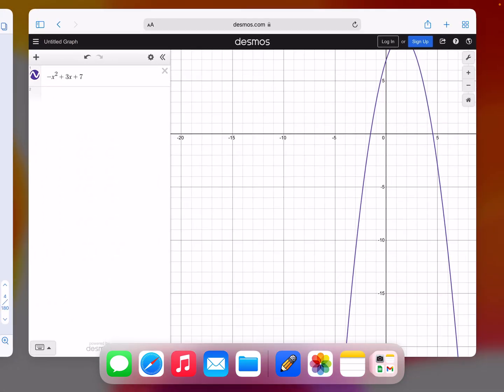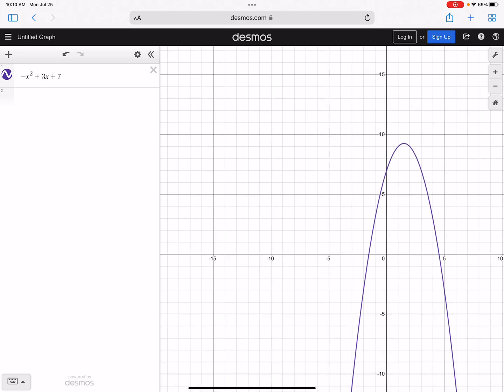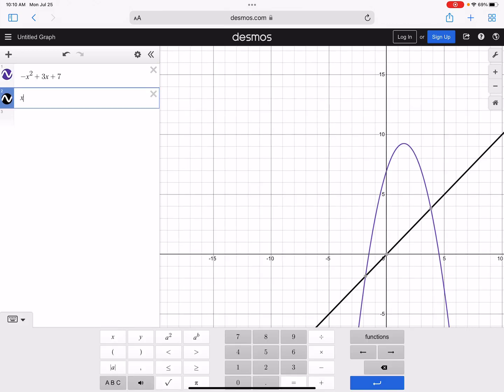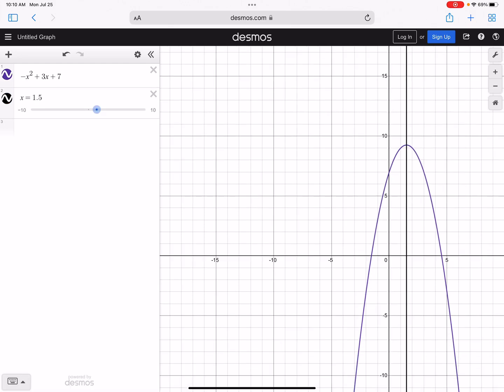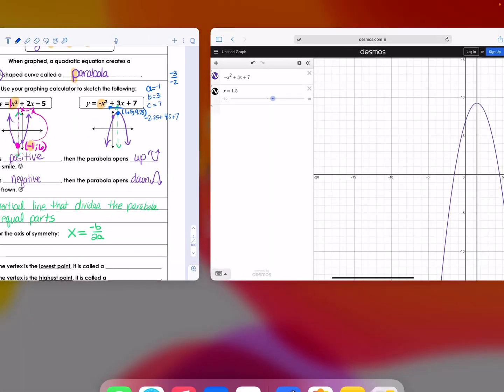That's exactly what I got, right? I got 1.5, 9.25. And if I put the line x equals 1.5 in, that goes right through the middle of the parabola. So these are important formulas that we're going to use to help us graph these without a calculator.